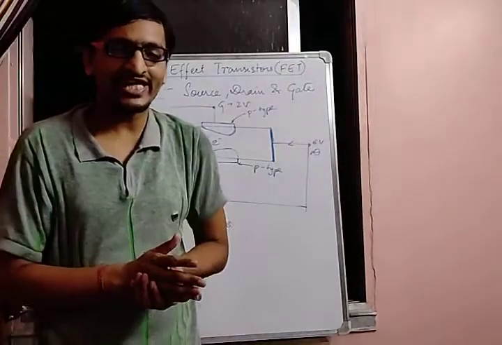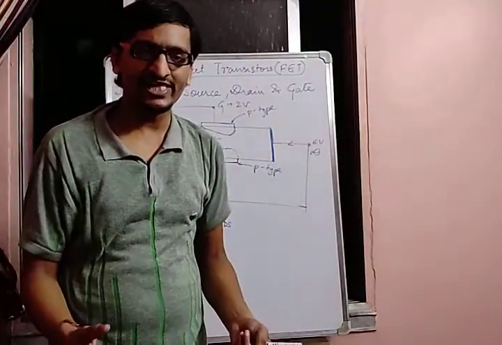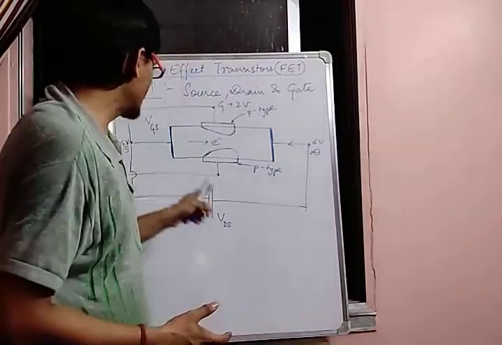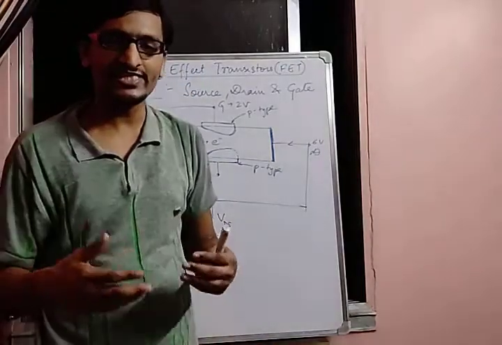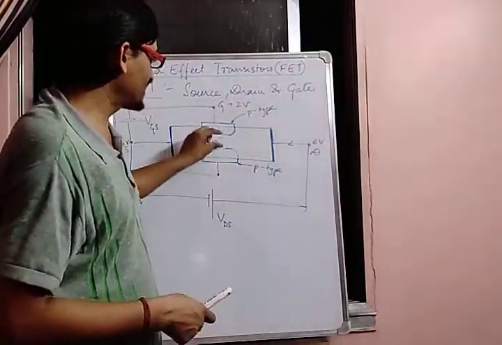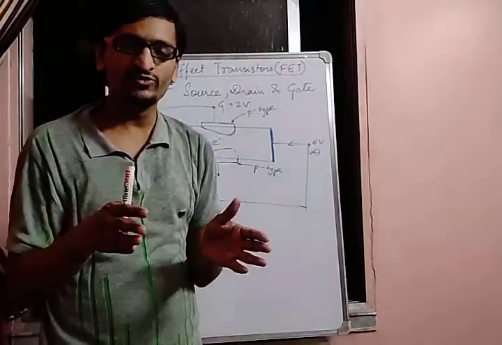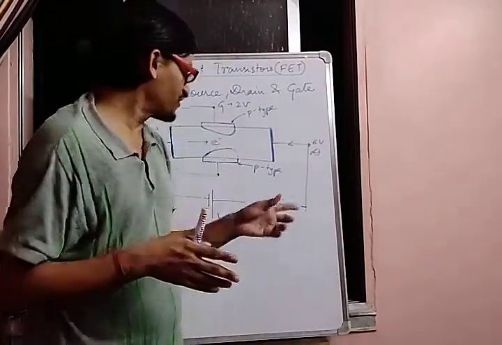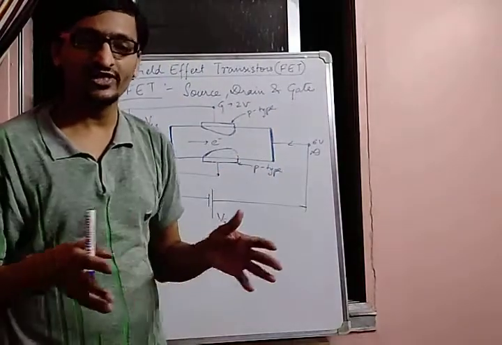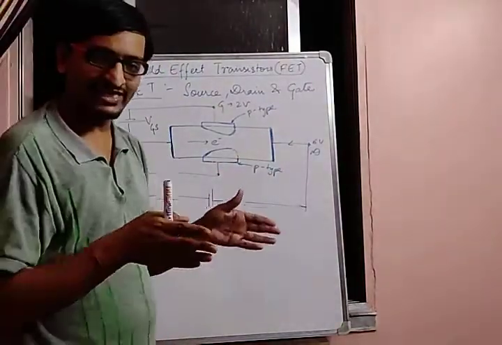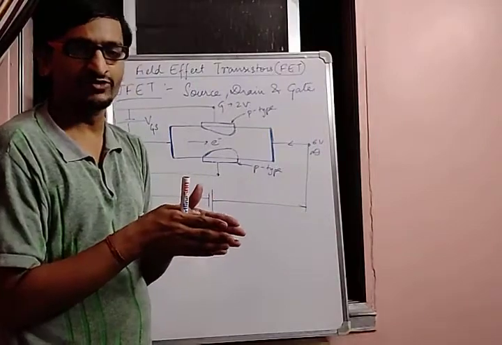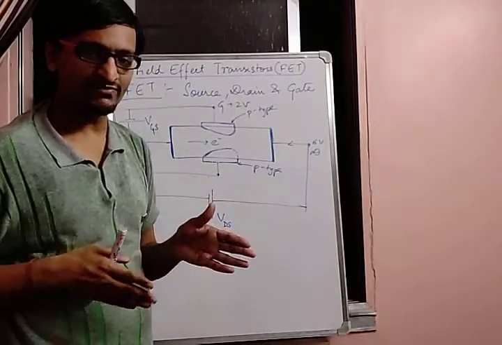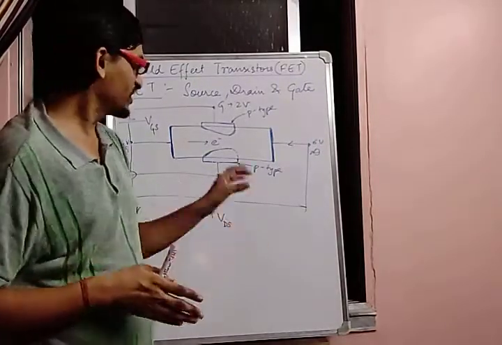So what we are saying is that as we are increasing the reverse bias voltage VGS, the channel width is going on reducing. As a result, the current which will flow will go on reducing, because the effective path which it's getting for flow is going on reducing.